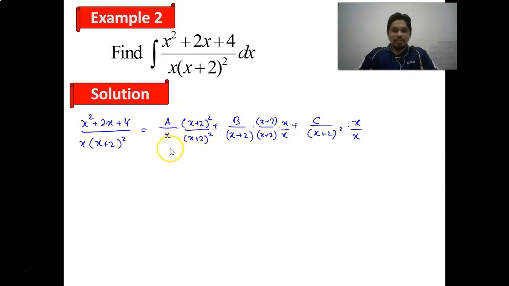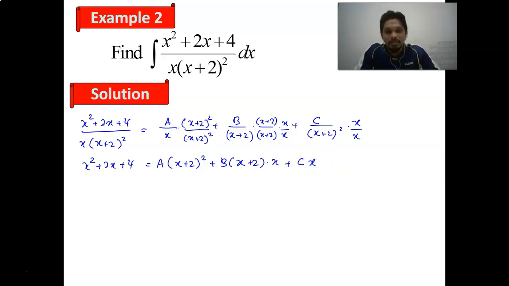So x squared plus 2x plus 4 equals a times (x plus 2) squared, plus b times (x plus 2) times x, plus c multiplied with an x.